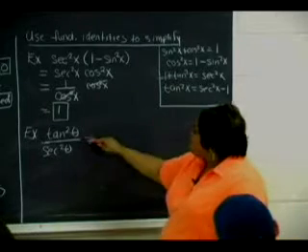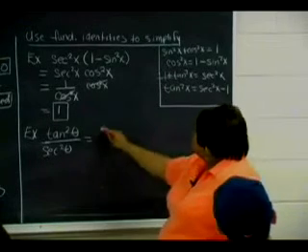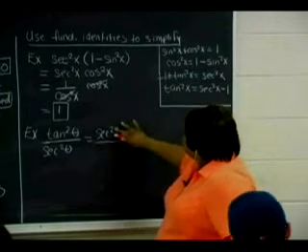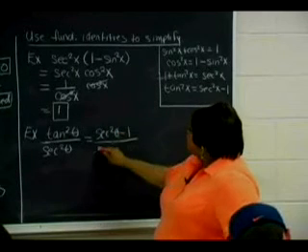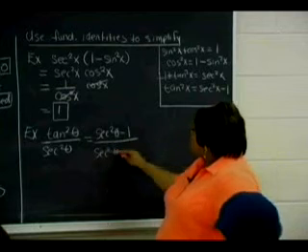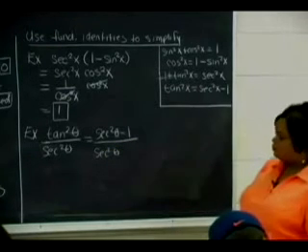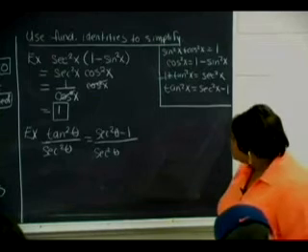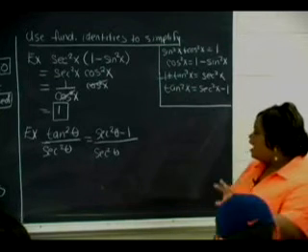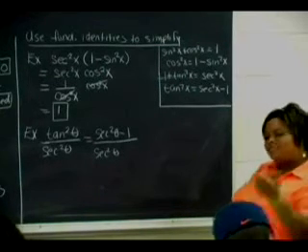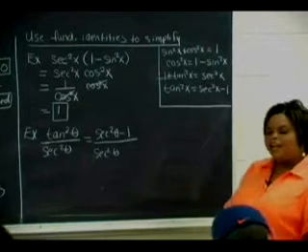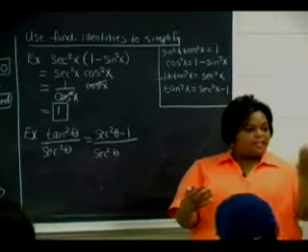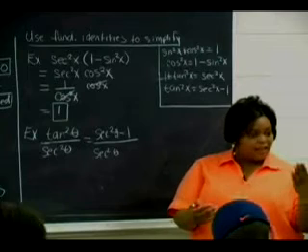So let me replace that numerator with secant squared theta minus 1, over secant squared theta. We have to break them up and then we can cancel, okay? Remember, we can break up a single fraction into two fractions, can we not?